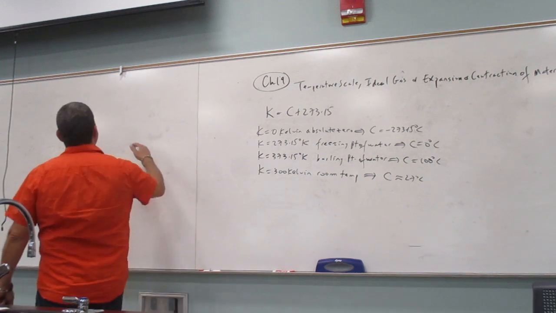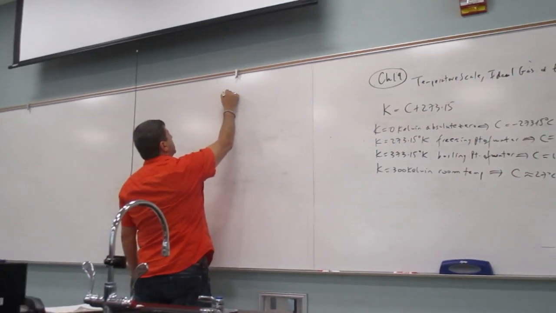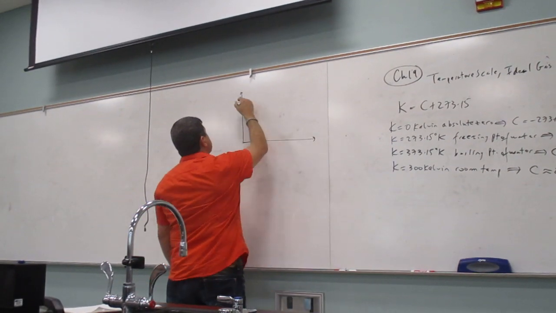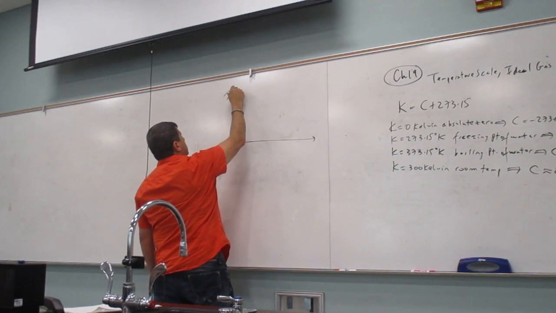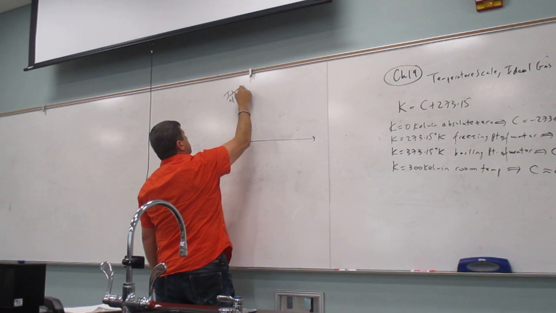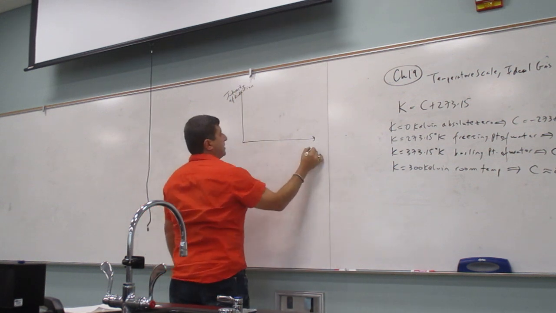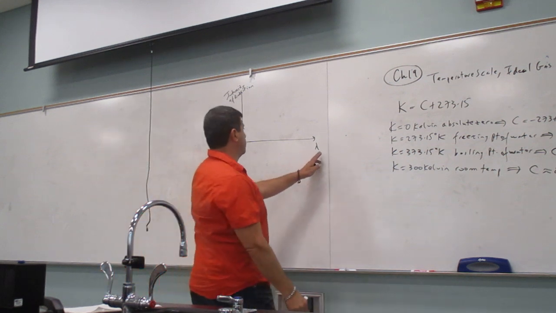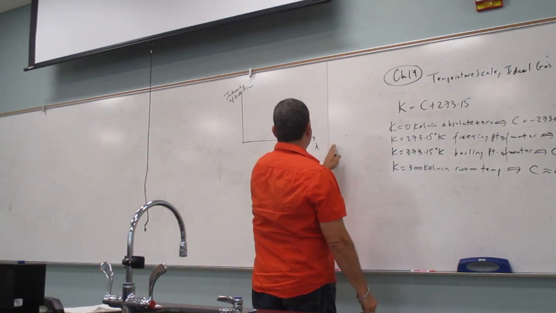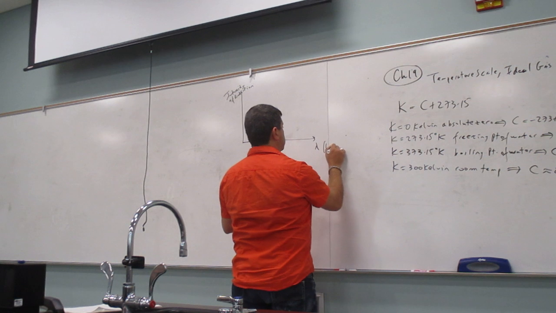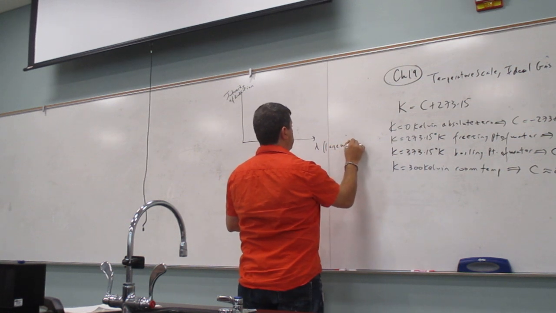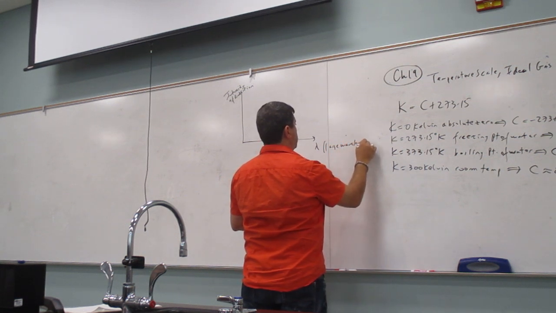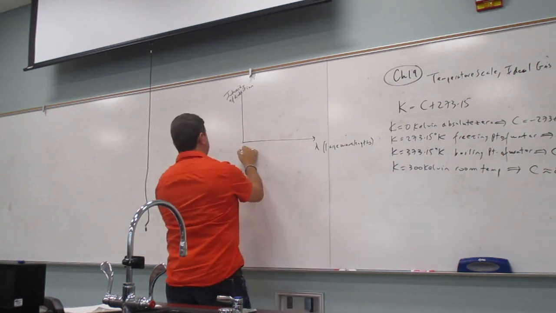And they radiate in all kinds of spectrum. So if we take the intensity of radiation as a function of wavelength, we can make a plot. This is large wavelengths, and this is small wavelengths.